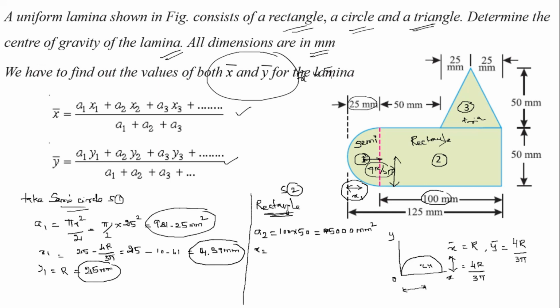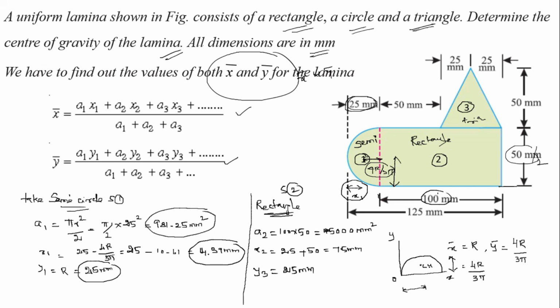And x2 is 25 plus 100 divided by 2, which is 50, so x2 is equal to 75 mm. And y2 from the base is the height 50 divided by 2, which is 25 mm.